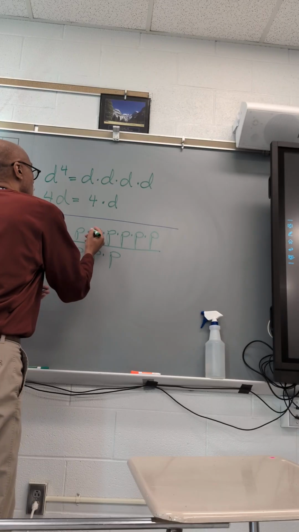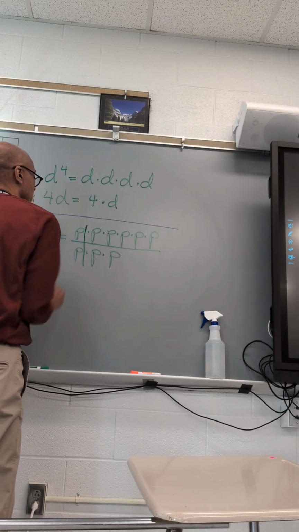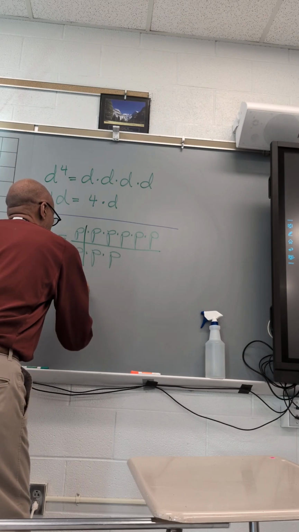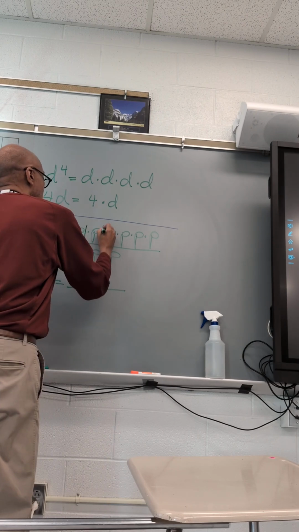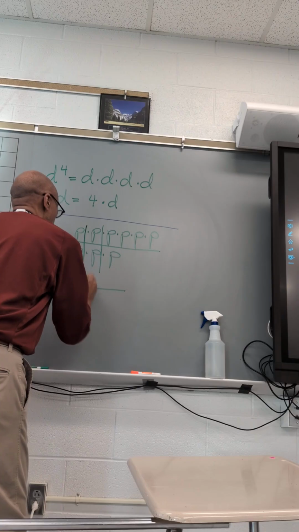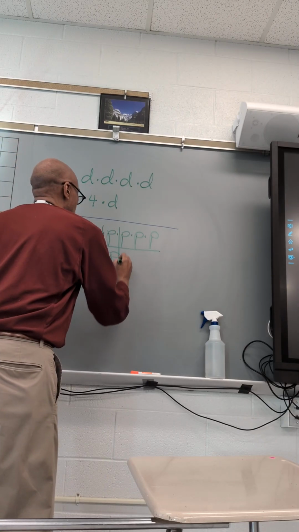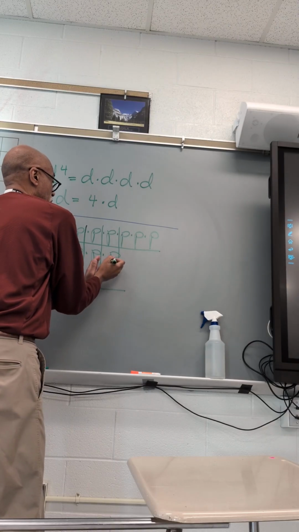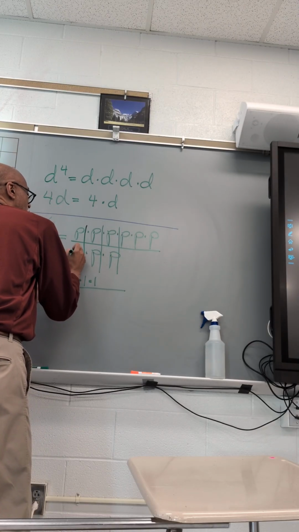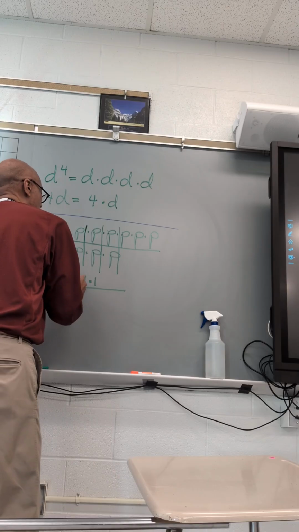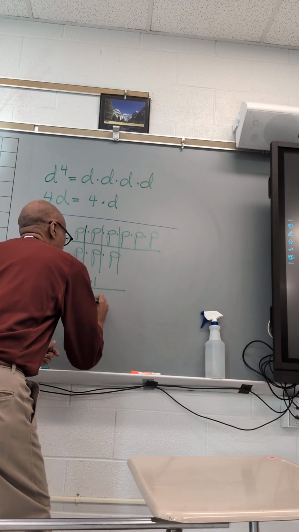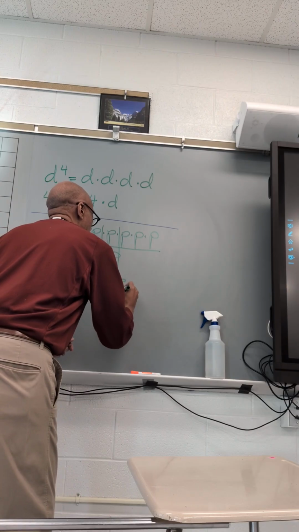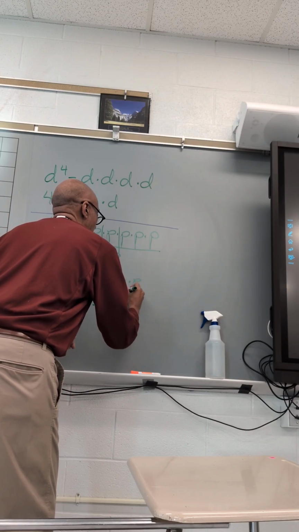So this P divided by P is 1, this one is 1, and this one is 1. Now all those P's are gone. Remember, the coefficient in front of every variable is 1, so there's just 1 down here now. And then you have P times P times P left over.